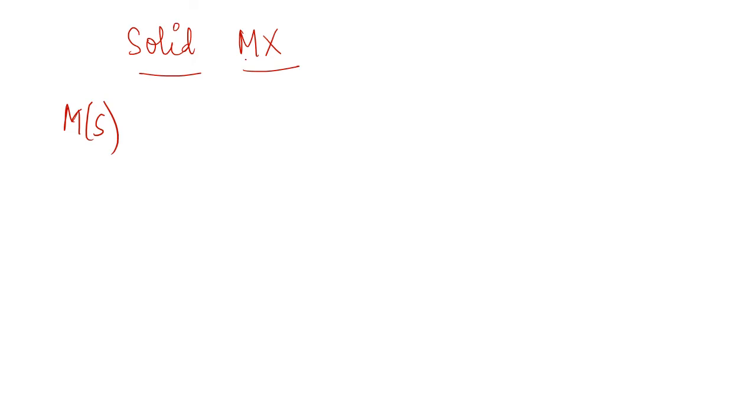So first of all, what will happen? This solid has to be converted into M gas. Why? Because when you react something, it has to be reacted in an active form. So when the solid is converted into gas, what type of process is it? It is called sublimation.